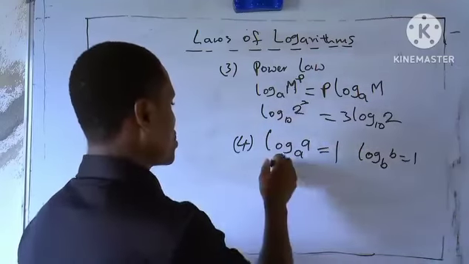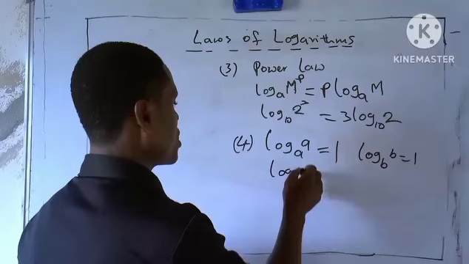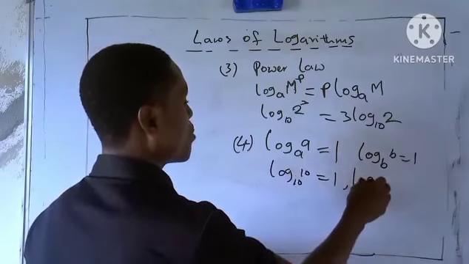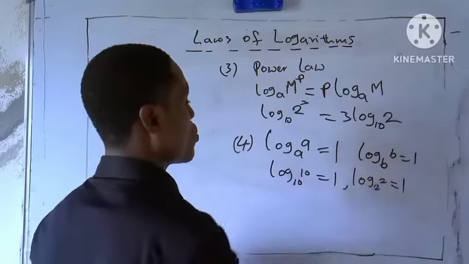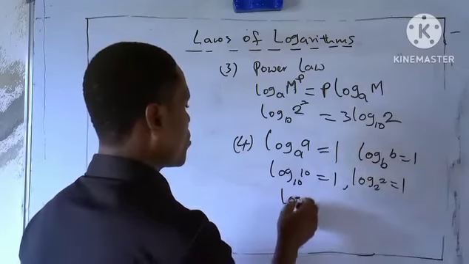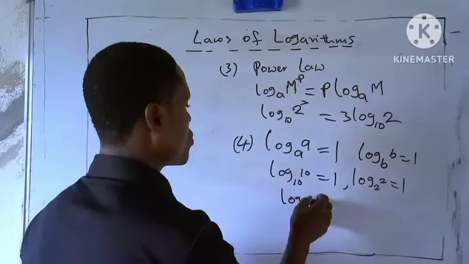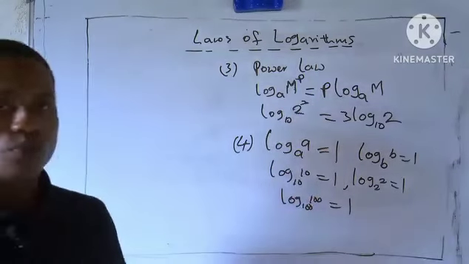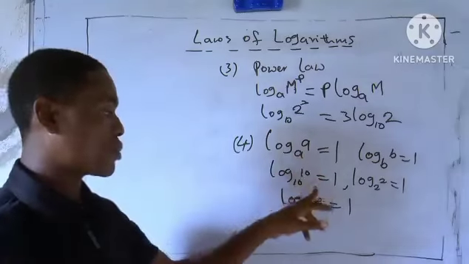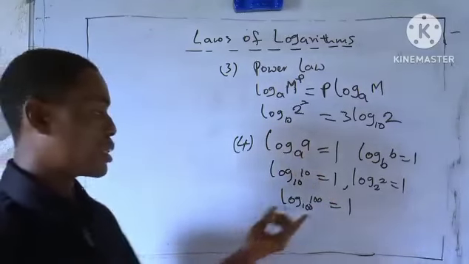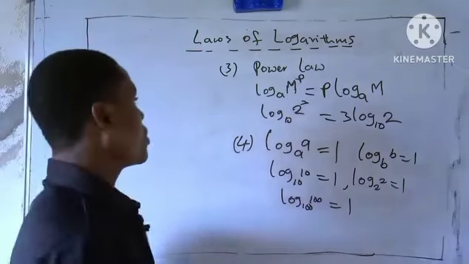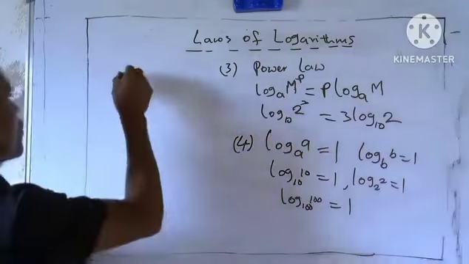Let's use numbers. Log base 10 of 10 is equal to 1. Log base 2 of 2 equals 1. Log base 100 of 100 is equal to 1. So please take note: when the two alphabets or the two numbers are the same, it is equal to 1. Okay, let's go to the fifth law.